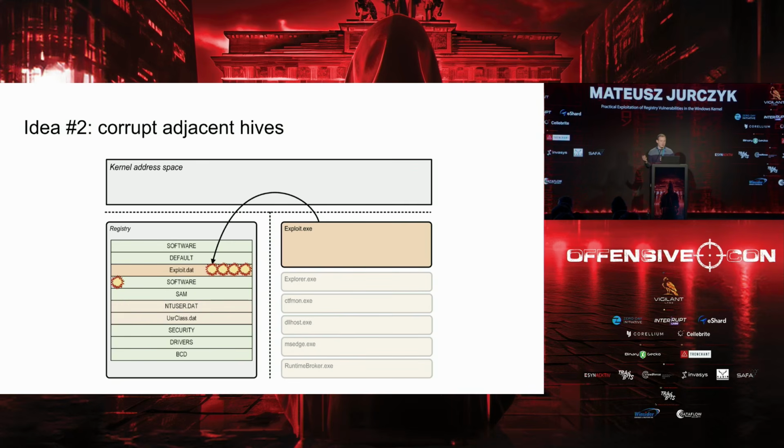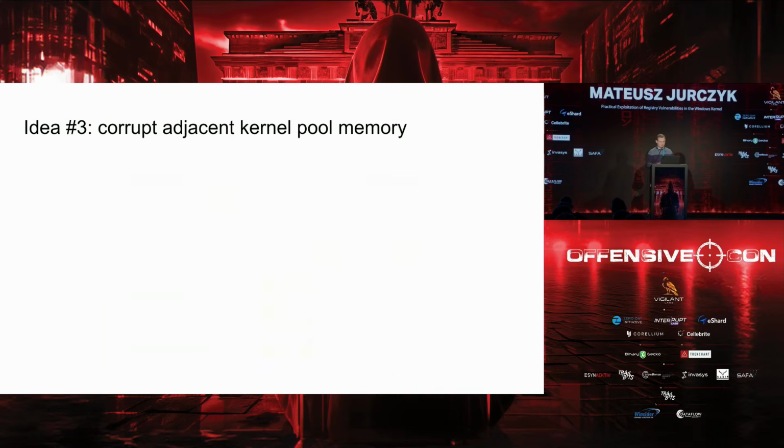So you can load your own hive and you can then corrupt it and use a linear buffer overflow to cross the boundary between your own hive mapping and the hive mapping of some different trusted hive in the system, and basically corrupt the software hive or some other trusted hive this way, which also is viable, I would say, but here the disadvantage is that we are kind of reliant on the specific memory layout of these mappings, which is also not ideal, because it's hard to predict exactly how these mappings are going to work on a running system that we don't fully control.